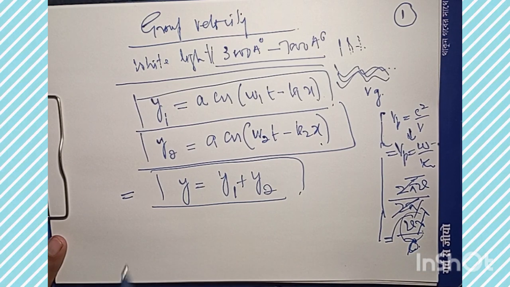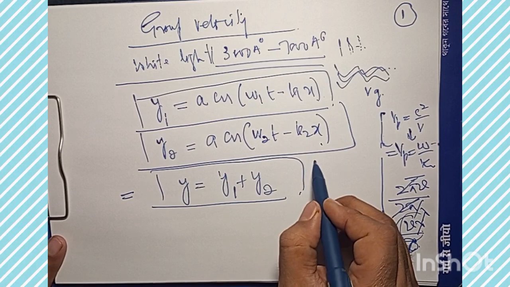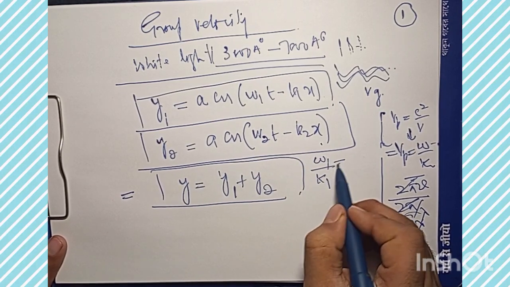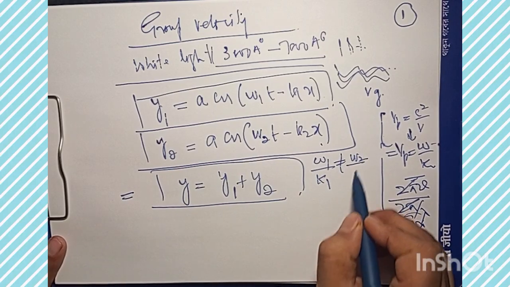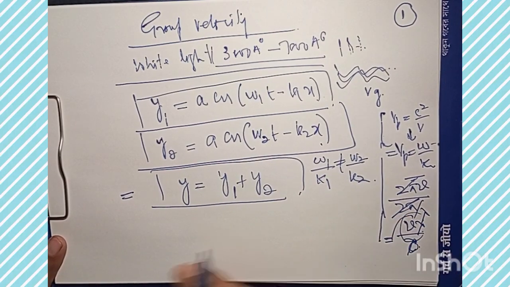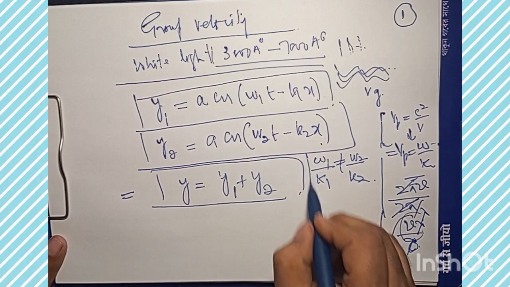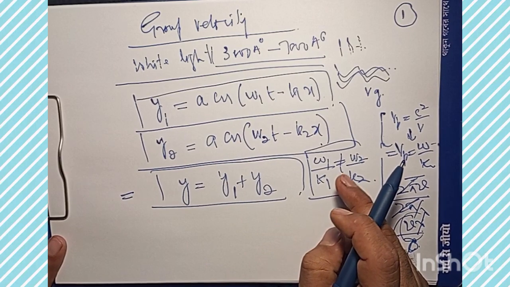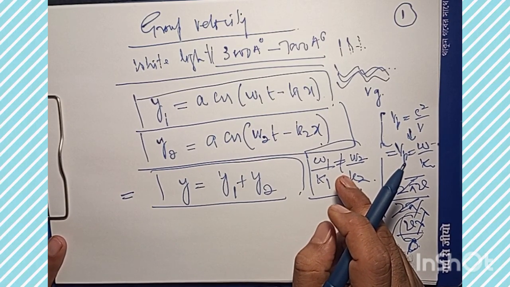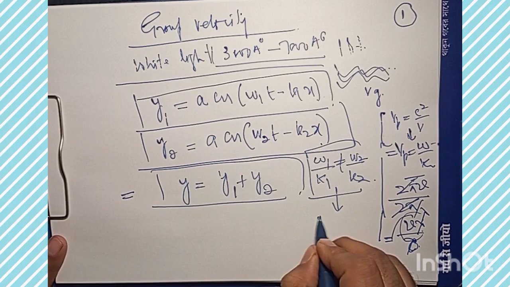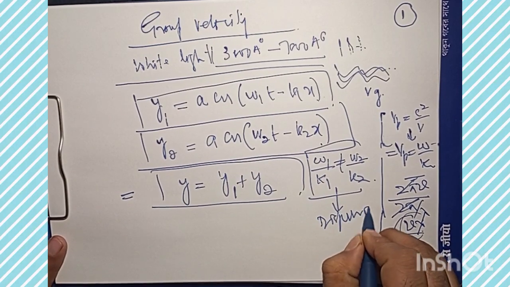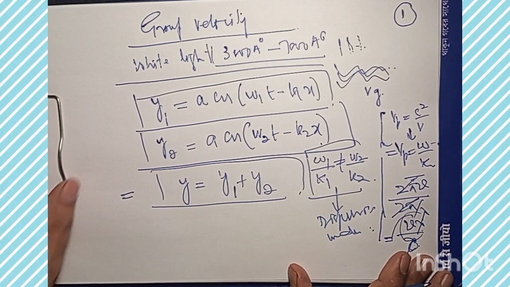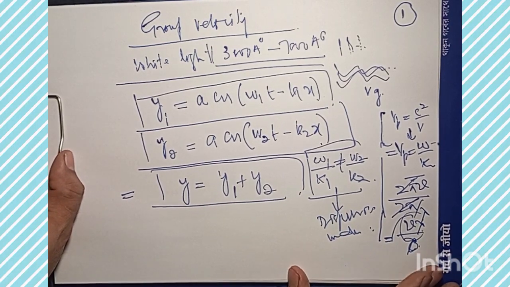Now, what is further noted here is that the ratio omega1 by k1 is not equal to omega2 by k2. So what does it mean by assuming that the two ratios are not equal? We are making sure that the medium is dispersive. So we have a dispersive medium here.